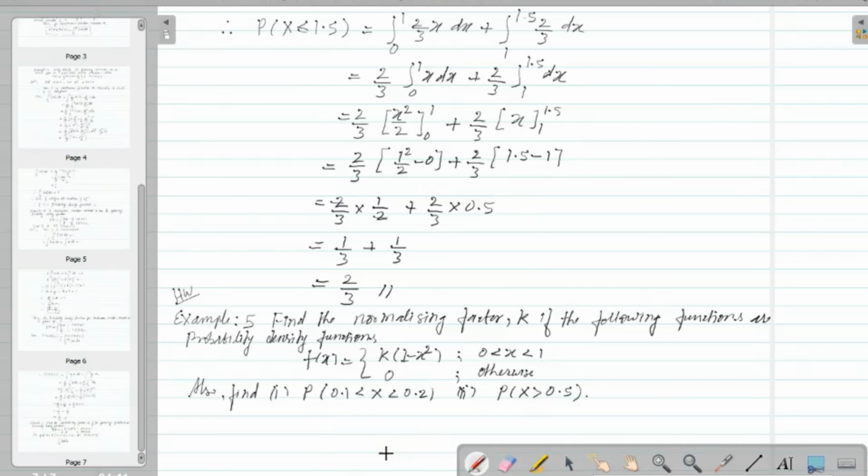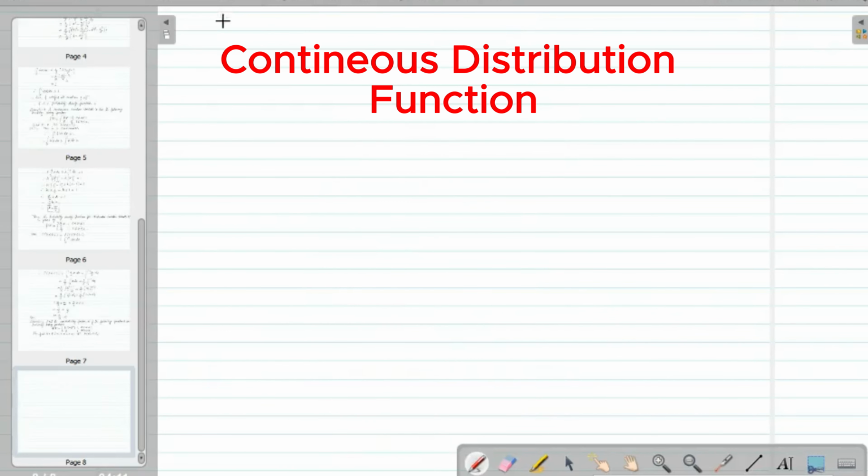We will have the next topic, continuous distribution function.